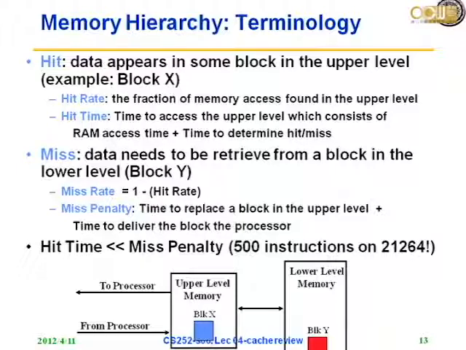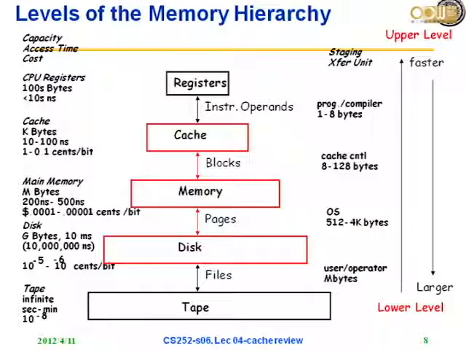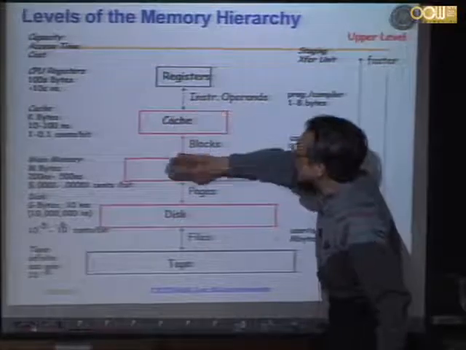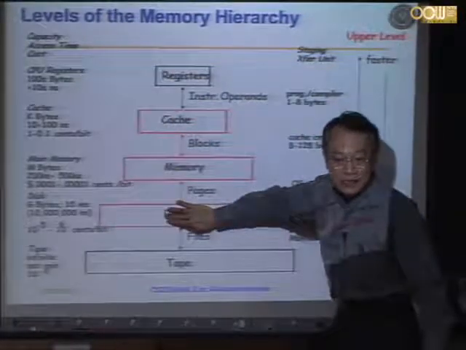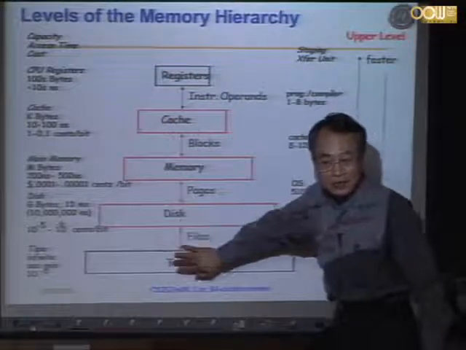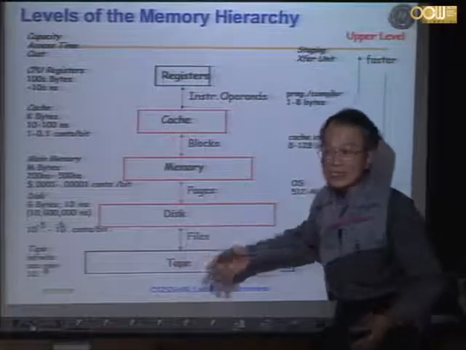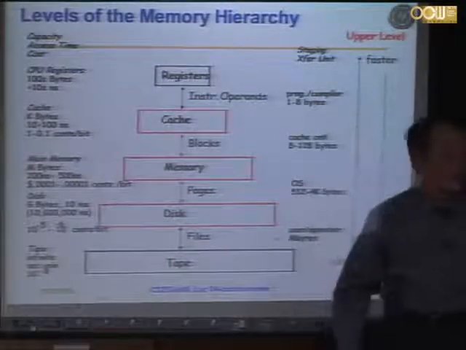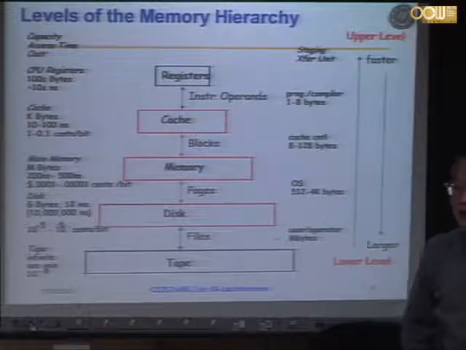Okay, and I also need to introduce another term to you, the inclusion property. Inclusion, something is included in others. In memory hierarchy, usually we require that all the information in each level is included in the lower level, which is included in the lower level, which is included in the lower level. With this, it's easier to do what? If it's included, it's easier to do what?